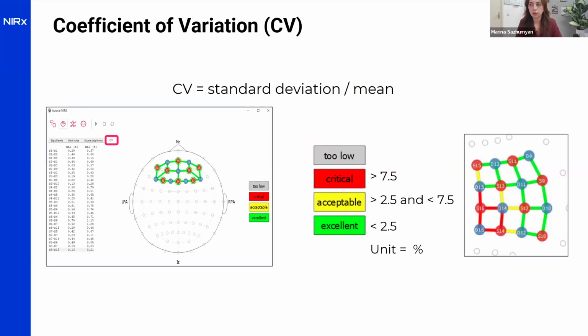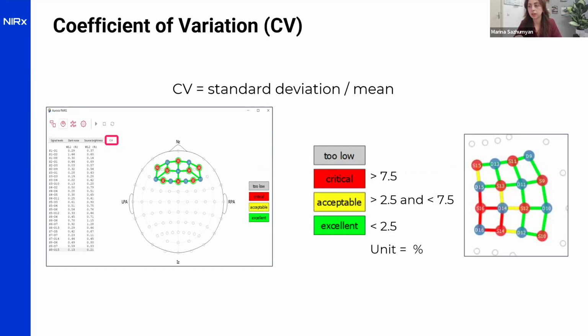So we know that the coefficient of variation is one of the important metrics we want to consider when doing our signal optimization. This is essentially the ratio of the standard deviation and the mean of our channels. So this ensures that we do not have channels that have very high variance compared to the other channels.